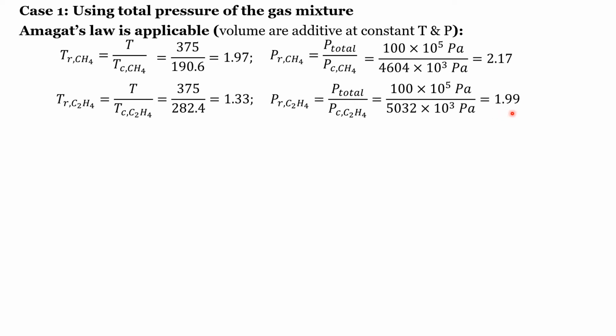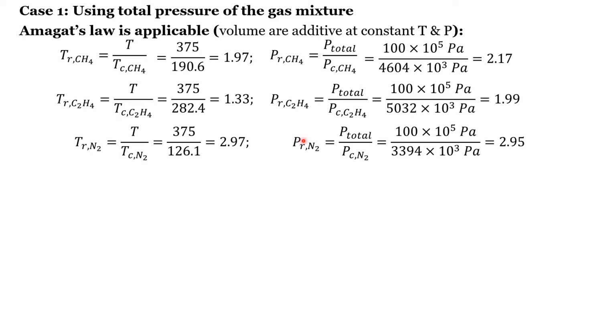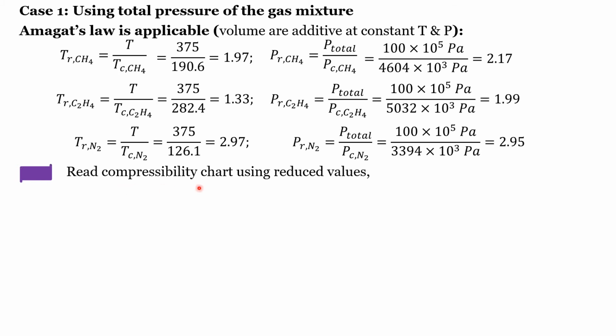So after simplification, we will get 1.99. In the same way, we can estimate the values of T reduced and P reduced for nitrogen. Now we have the reduced values for individual component. So using these TR and PR values, we can read the compressibility chart for individual component.